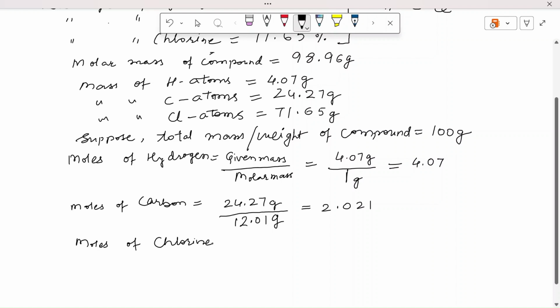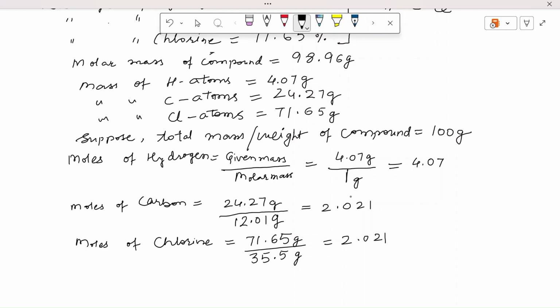Chlorine has been given as 71.65 grams, and chlorine's molar mass is approximately 35.5. Its answer will be 2.021. So we got the number of moles for each and every element which is present here.